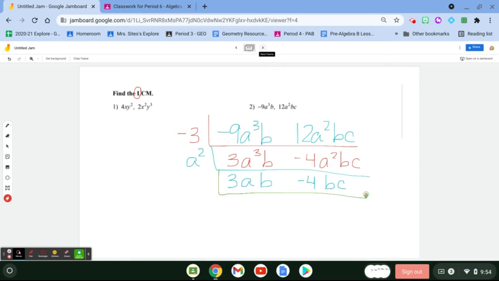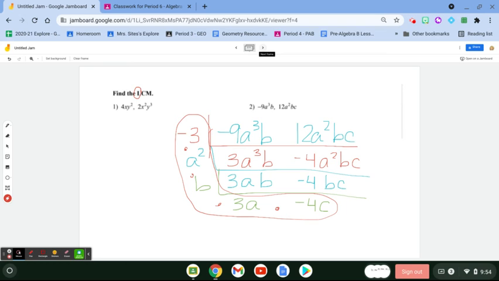The biggest amount of b's you can take out is 1. So if I take out the b's, I have 3a left over, there's a negative 4, and there's a c. There's no c's in common to both, so we are done. Okay, I am going to circle the L because it's a least common multiple, and we're going to multiply up to get our least common multiple.